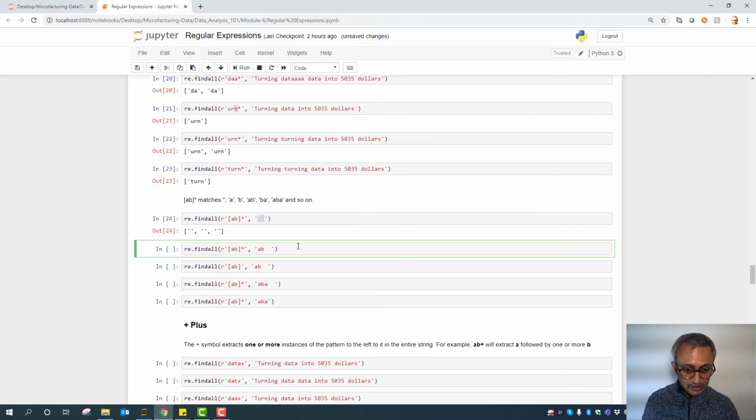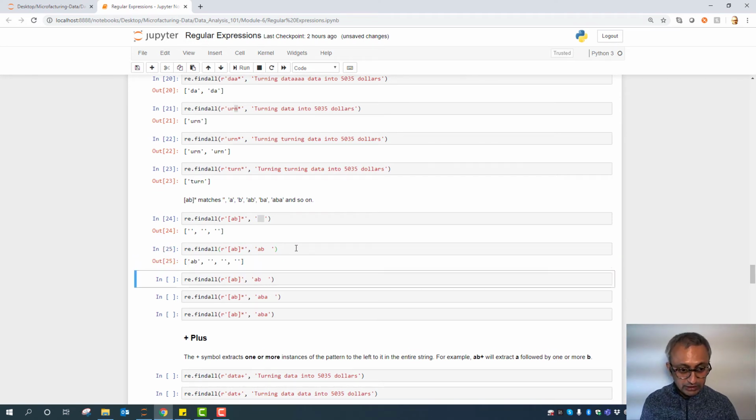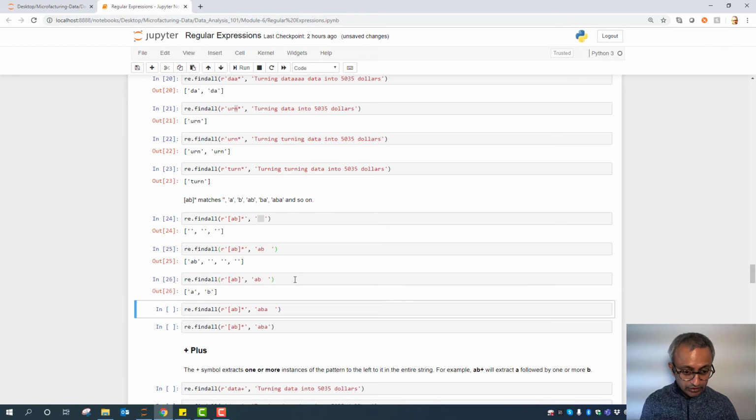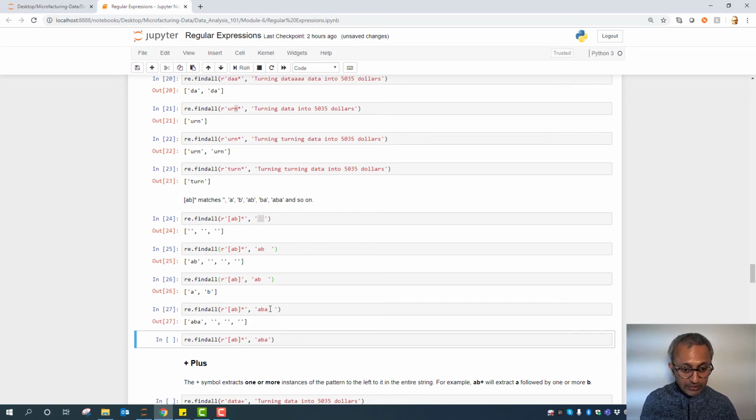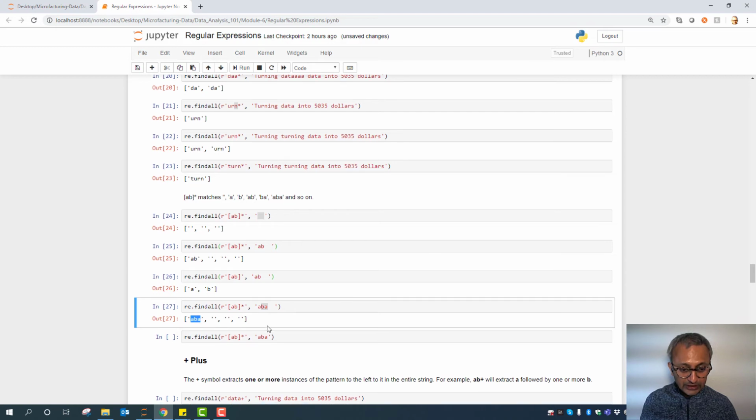Here it's going to extract A, B, and the rest of the 3 spaces. Here you remove the star, so you're just playing around. It's able to extract A and B and nothing else. ABA, you give it, it's able to extract ABA and then the rest of the spaces.